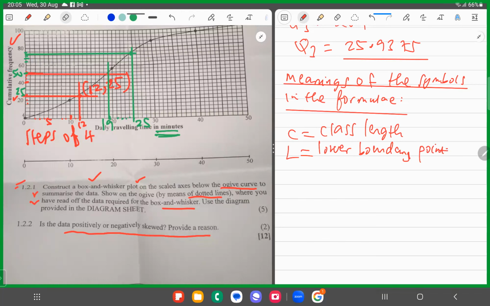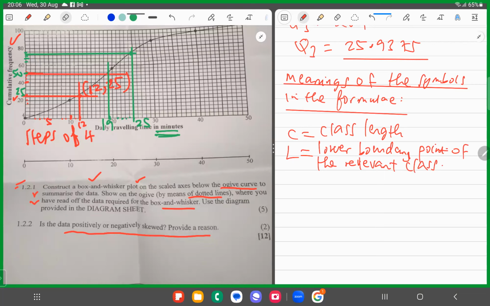The lower boundary point of the relevant class.